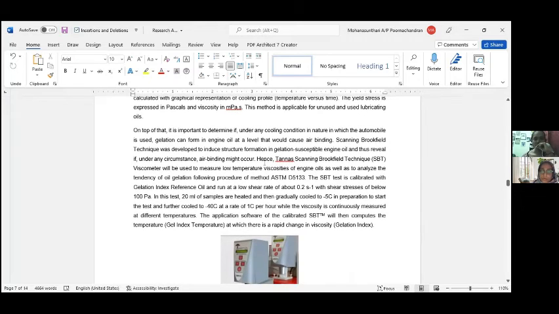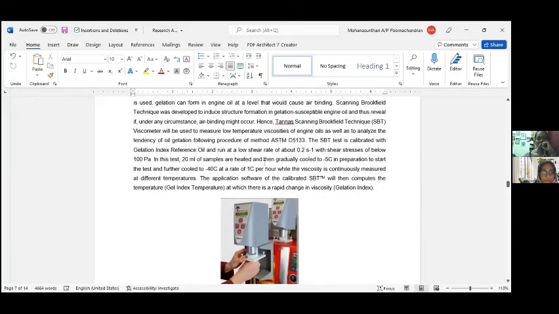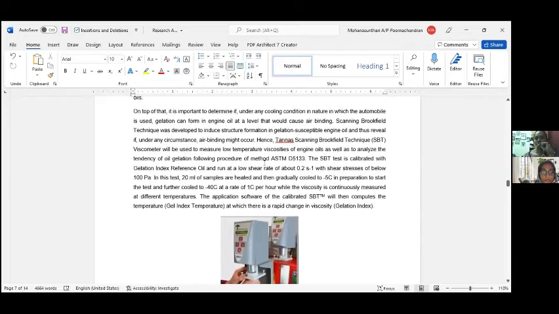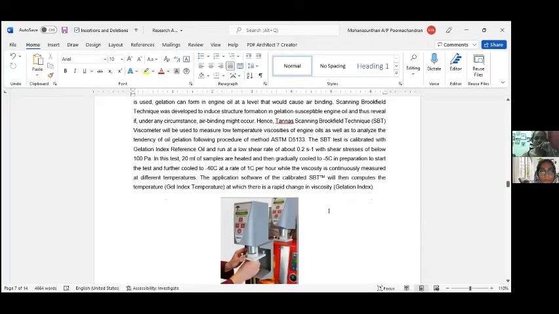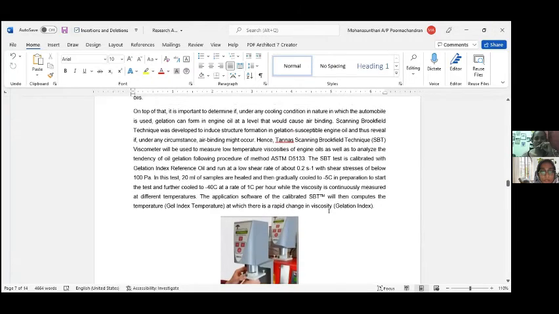Okay, the next one will be the gelation index. Yeah, you can proceed for the gelation index. So for the gelation index, we're going to use the scanning Brookfield technique. Can you go below?